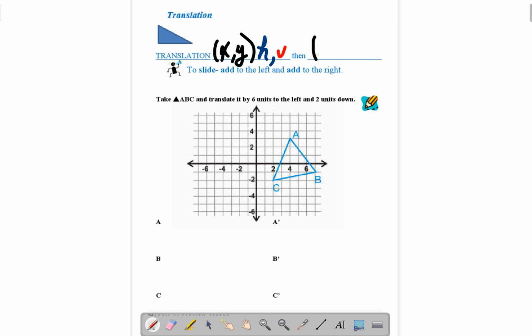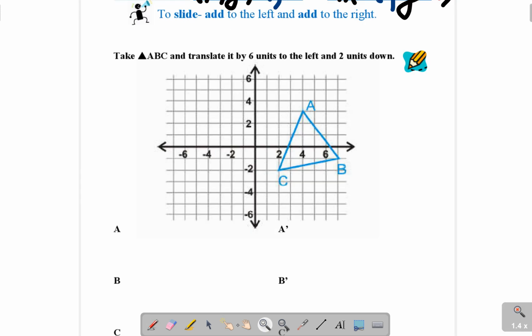Then for your resulting point, you simply take your X coordinate and you add your horizontal, and you take your Y coordinate and you add your vertical. Won't make a lot of sense until we actually do this, and then it'll make all kinds of sense.